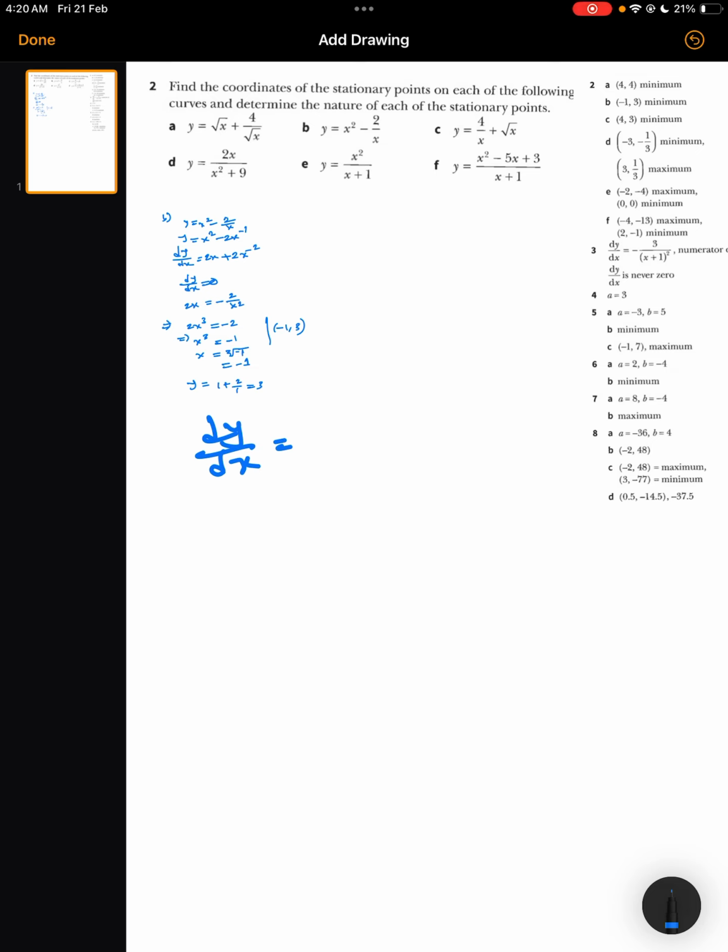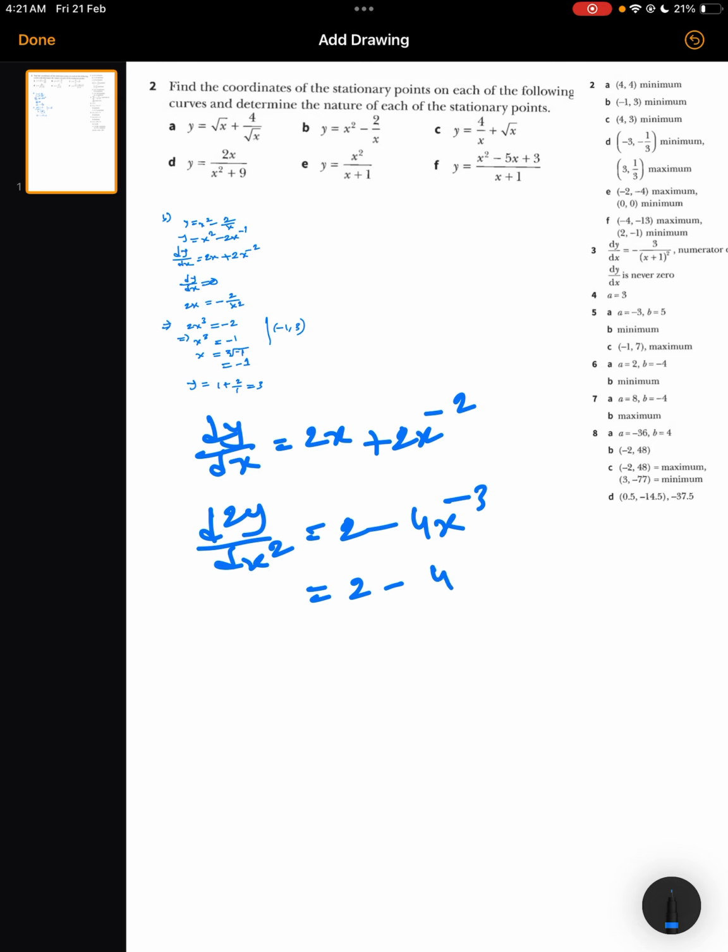So the first derivative is 2x plus 2 times x to the power minus 2. So the second derivative would be 2 minus 4 x to the power minus 3. So 2 minus 4 by x cube technically.